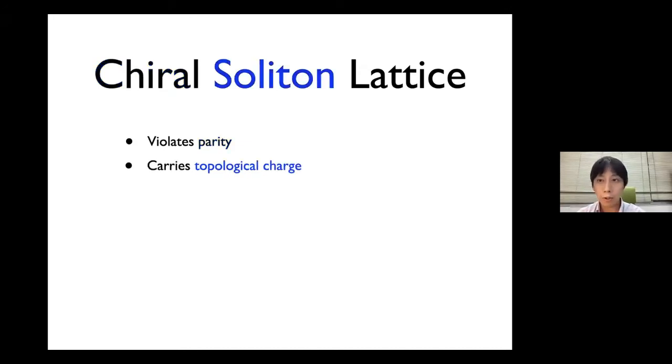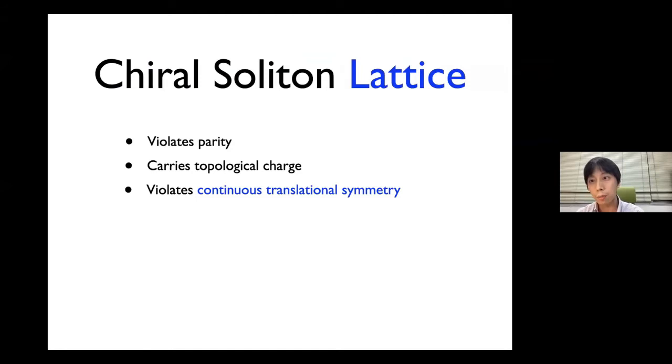Next, soliton stands for the property that it has some finite topological charge. Finally, lattice means that the ground state spontaneously breaks the continuous translational symmetry down to some discrete symmetry. The ground state with all these three properties is called the chiral soliton lattice.